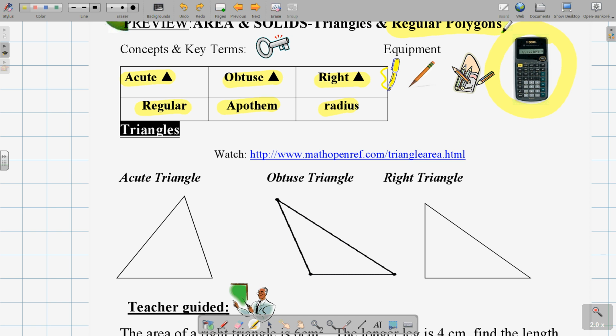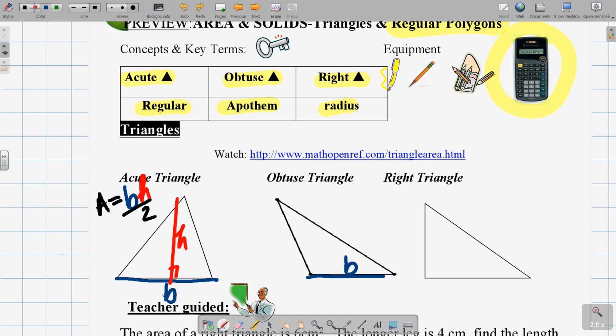Quick recap. The area of any triangle is simply base times height over 2. In an obtuse triangle, remember that your base and your height, the height is on the outside.